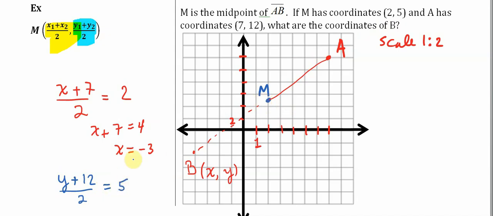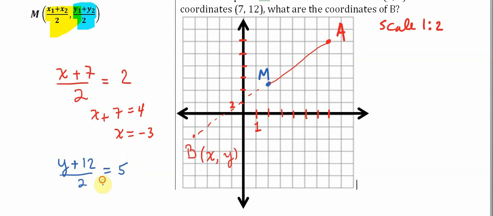So multiply both sides by 2, and we get y plus 12 equals 10. Then subtract 12 from both sides, and we get that y is equal to negative 2. So our answer is that B has a coordinate of (-3, -2).